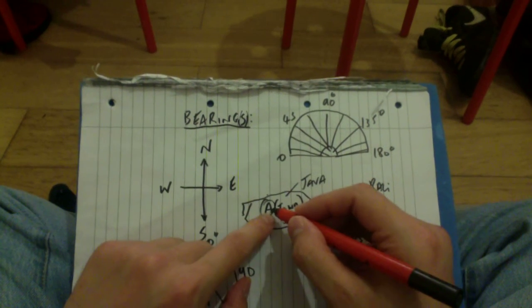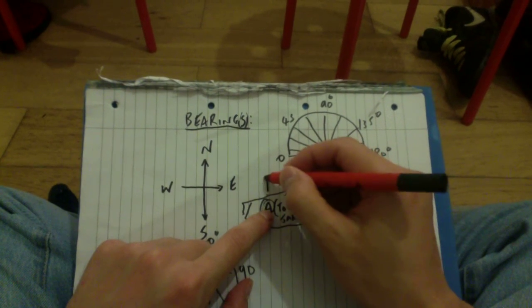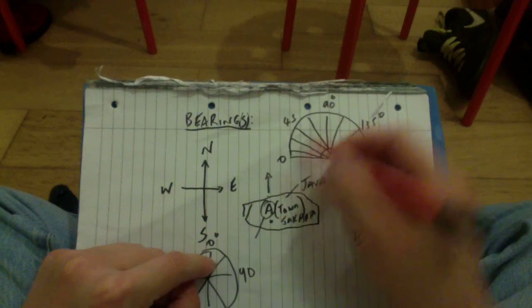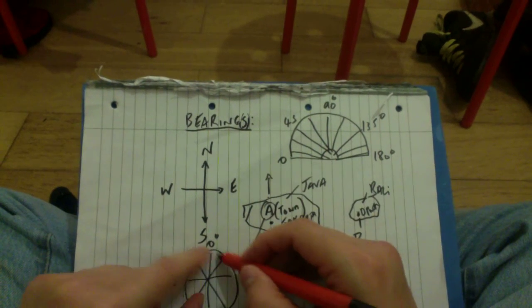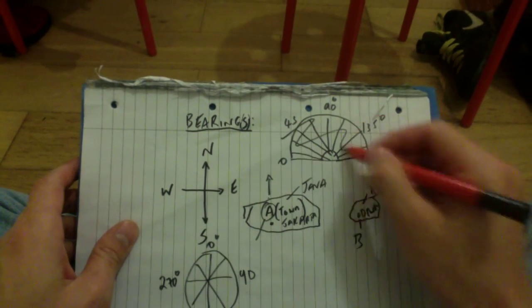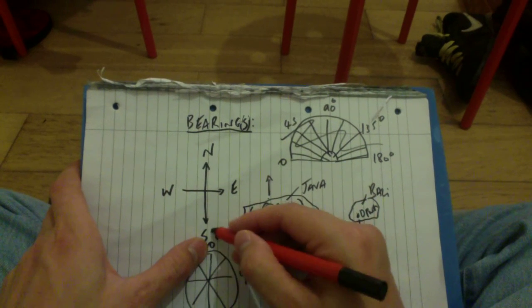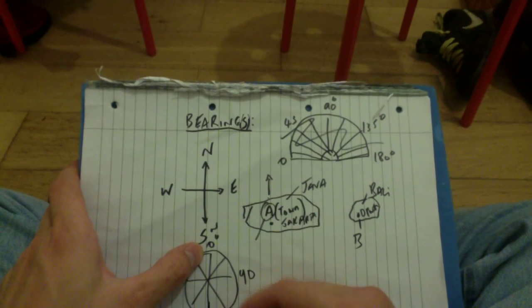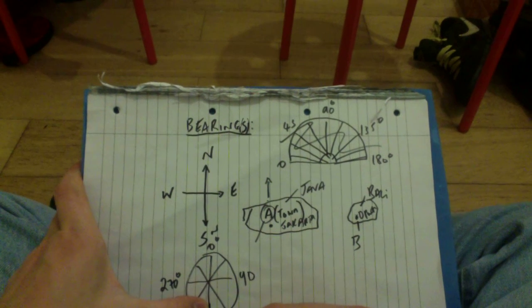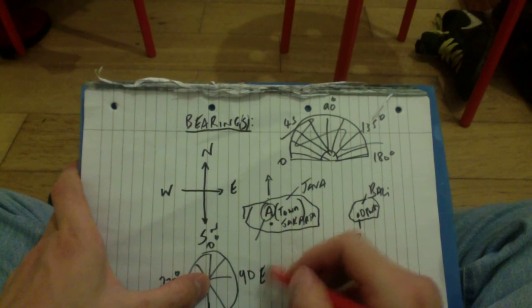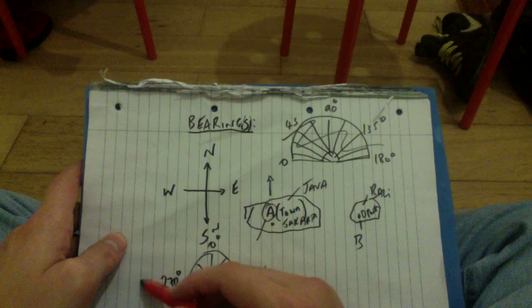And you need to put it on point A. So forget about this one actually. You need to use a 360 protractor. 0 degrees is north. 180 degrees is your south. 90 degrees is your east. 270 degrees is your west.